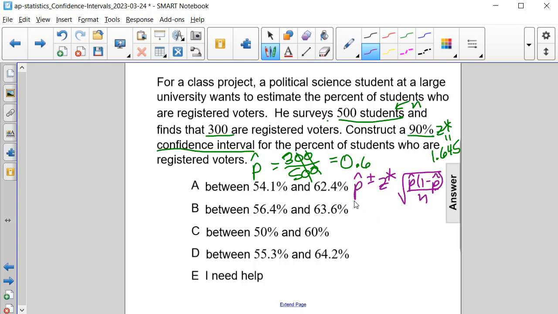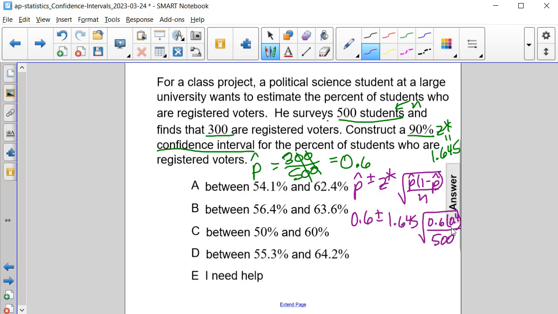So our p hat is 6/10 plus or minus Z star, which is 1 and 645 thousandths, times the square root. P hat is 6/10, and then 1 minus 6/10 is 4/10. You could do that in your head when it's a little bit easier, and all divided by n. Our n value is 500.